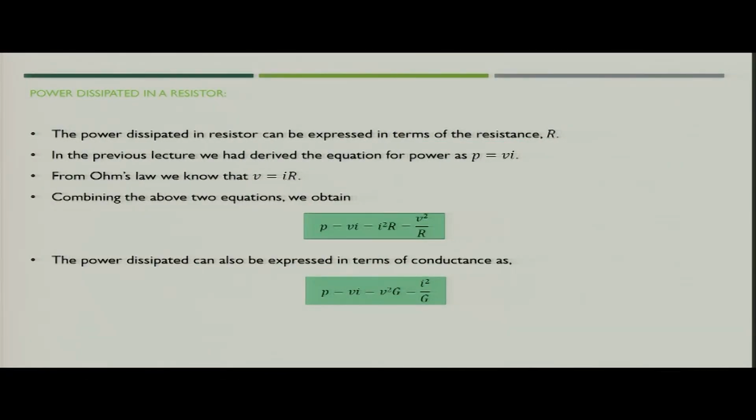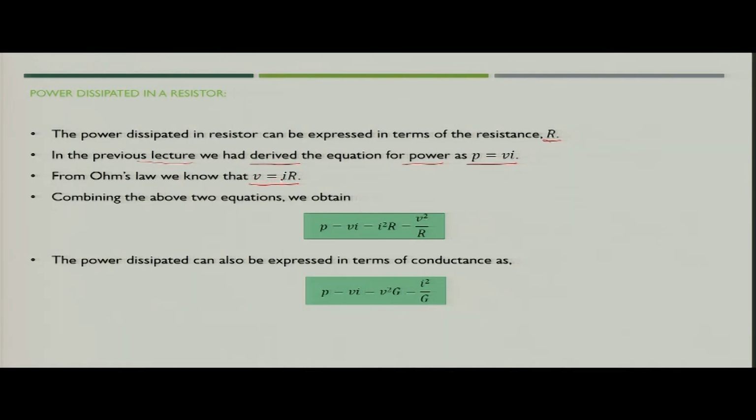Now, let us see how you will calculate the power dissipated in a resistor. The power dissipated in a resistor can be expressed in terms of the elements like resistance R and the voltage and current. So, in the first lecture we derived the equation of power, that was P is equal to V I. Now, from Ohm's law what we got?